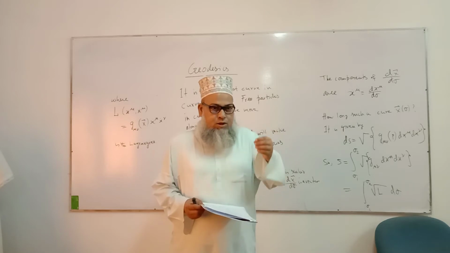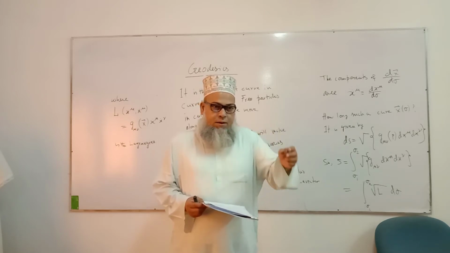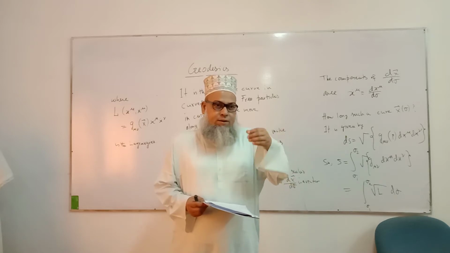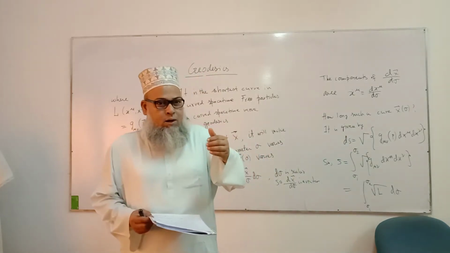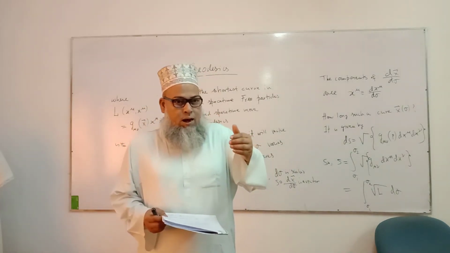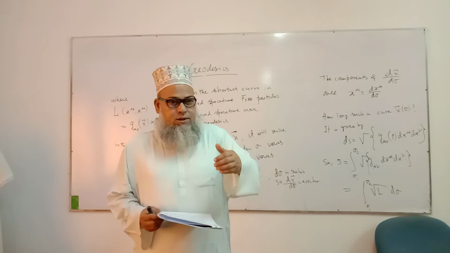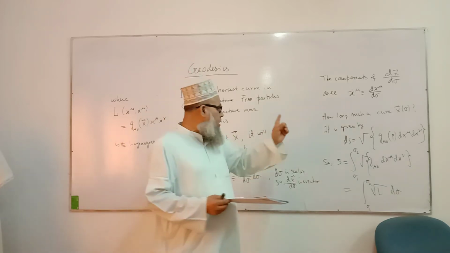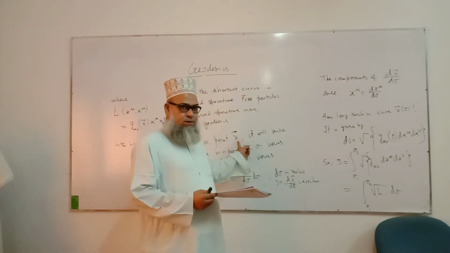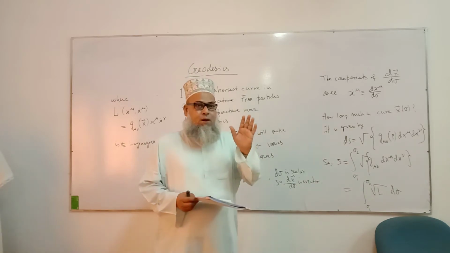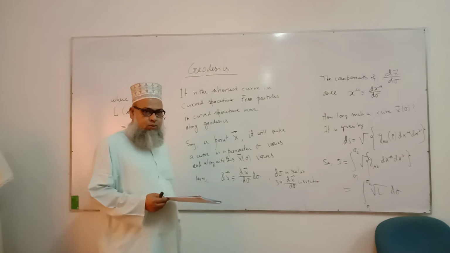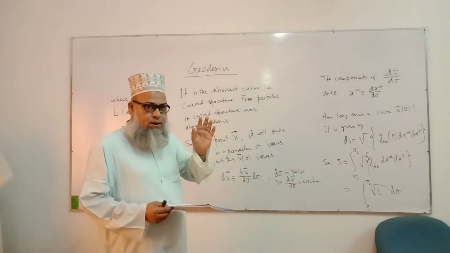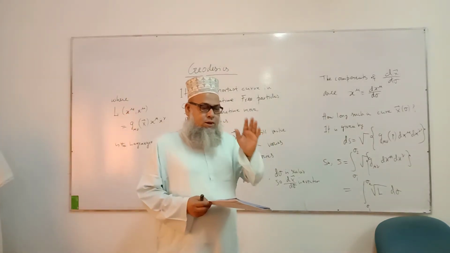If time does not elapse, if time does not vary, can I move and trace out a curve? No. So there should be a parameter which changes, and that change gives change in x. That parameter we take as sigma. Whatever sigma is, we should discuss later on.